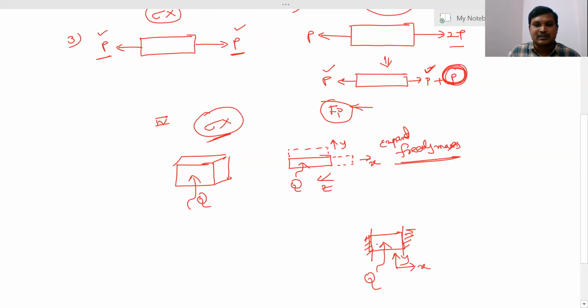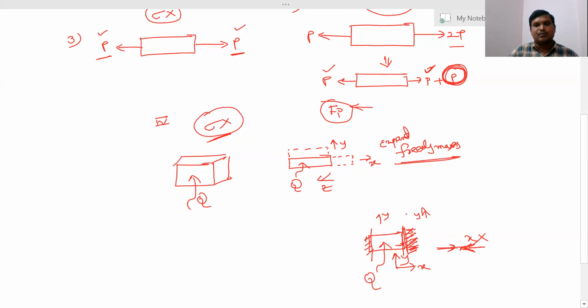The member tries to expand freely in the x direction, but this restriction, this constraint, is opposing it. The constraint force is pushing towards the body. So there is no expansion, no free movement in the x direction, but there is no restriction in the y direction, so the body moves freely in the y direction.